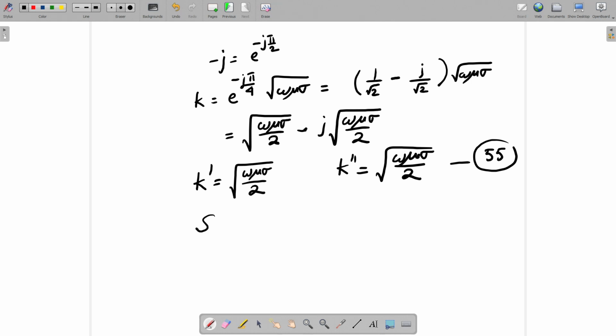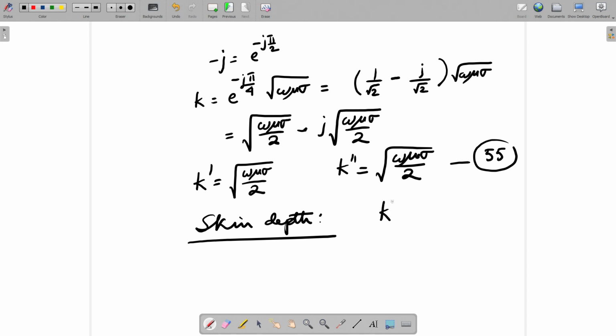Now, we know that the skin depth is the depth for which the field amplitude becomes 1 by e times its initial value, or 36.8% of its initial value.